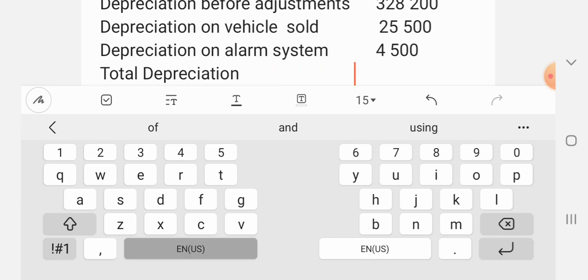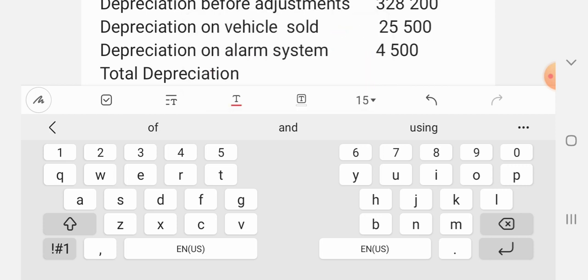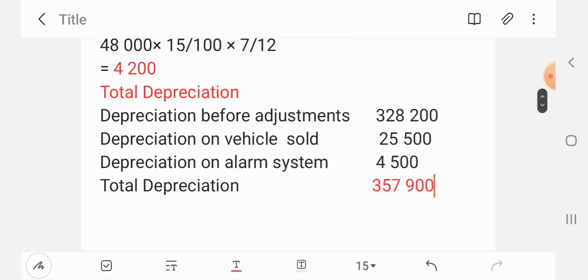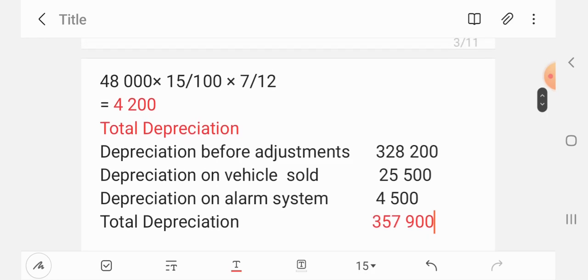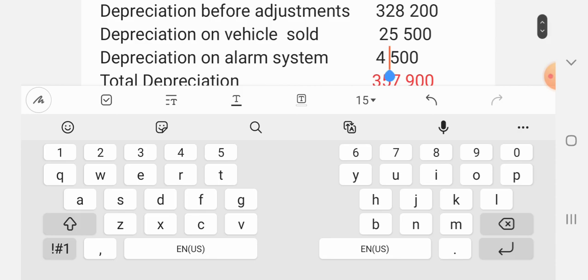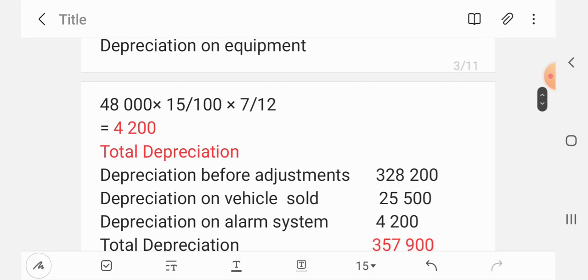This is the amount that will go to the income statement, 357,900. Oh, the 4,200 is already added, we don't have to add it again.